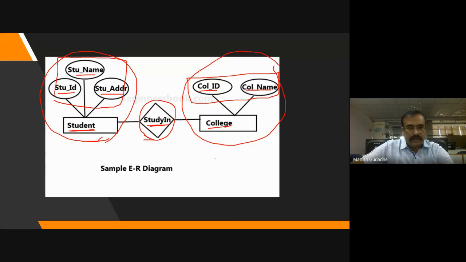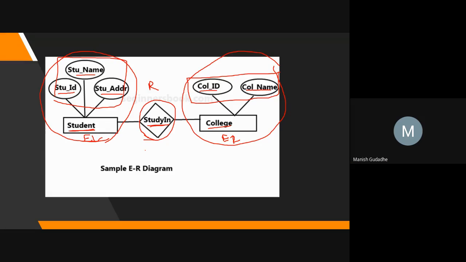So this is your relationship and these two are entities. This is E2 and this is E1. So now E1, student, has a relationship with college, which is E2. Fine. That is why this is called the entity relationship model.